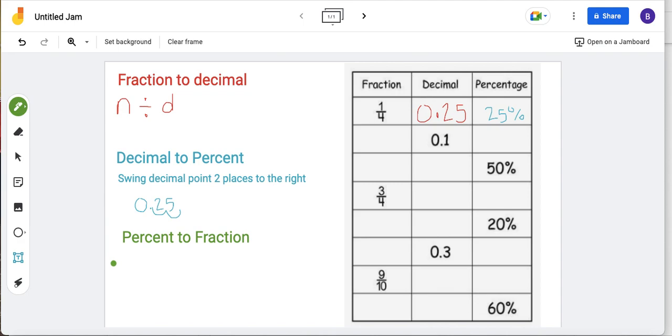And the final thing, to go from a percent to a fraction, we just put our percent over 100.